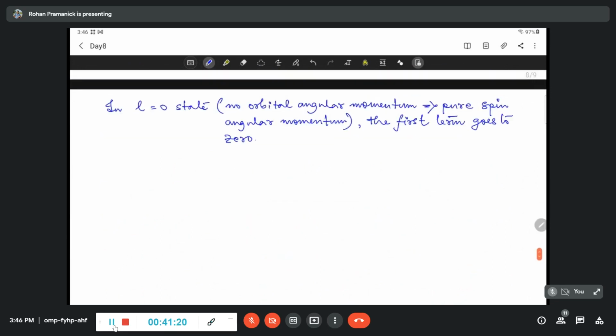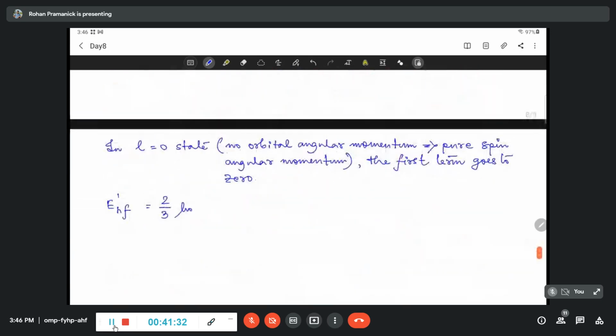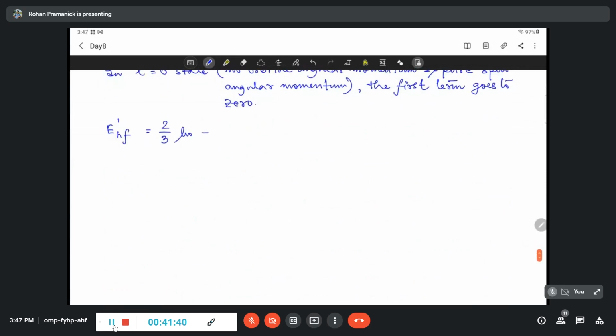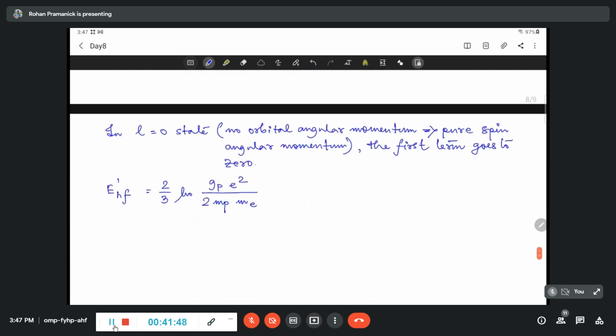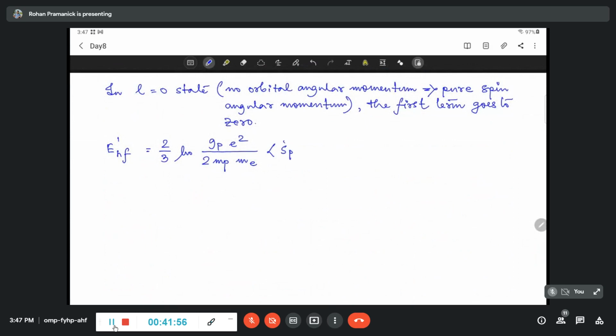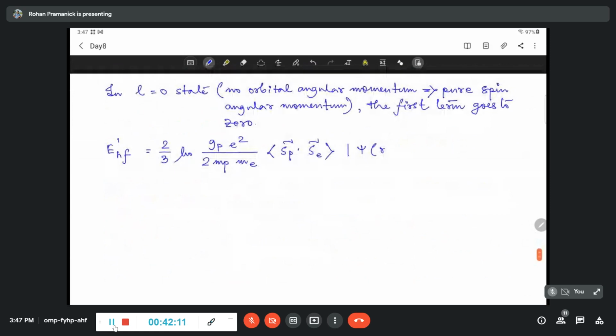We have to write down E hyperfine splitting equals 2 by 3 mu naught g_p square over 2 m_p m_e, S_p dot S_e times psi at r equals 0, where L is 0.